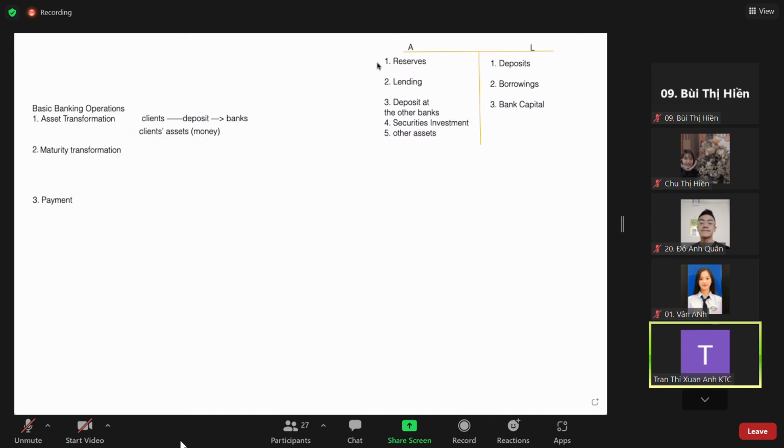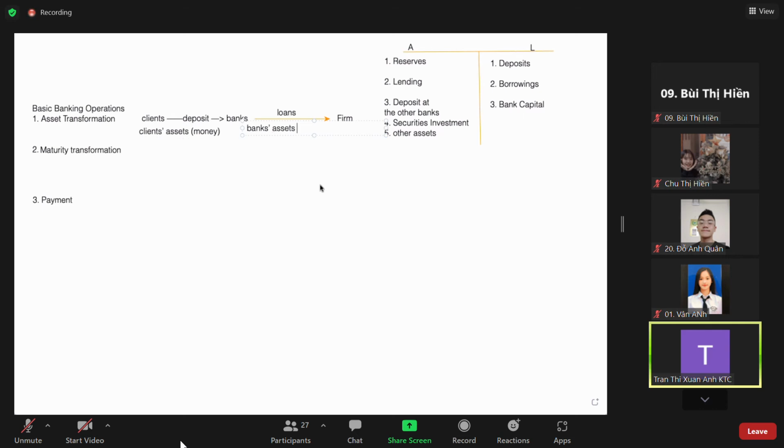And the bank then uses the money to lend out to the firm in the economy through something like credit or a business loan, right? And if the firm considers this as a debt, then that will be the situation of the bank. In this case, the loan becomes the bank's assets, right?